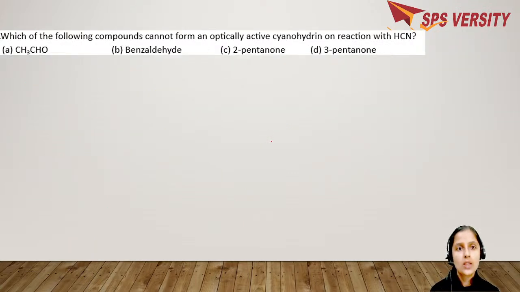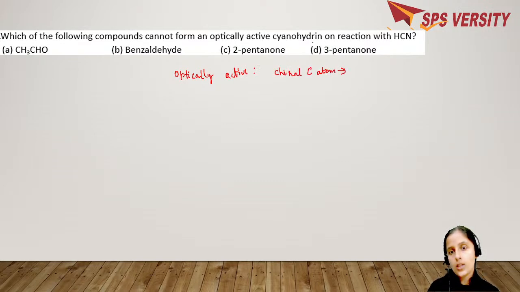Which of the following compounds cannot form an optically active cyanohydrin on reaction with HCN? So what do you mean by optically active? What is the first condition? You should have a chiral carbon atom. What do you mean by chiral carbon atom? It is attached to 4 different groups.